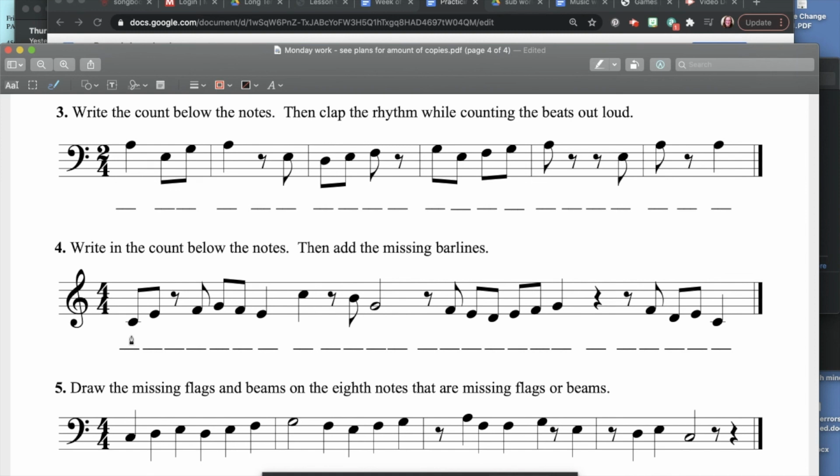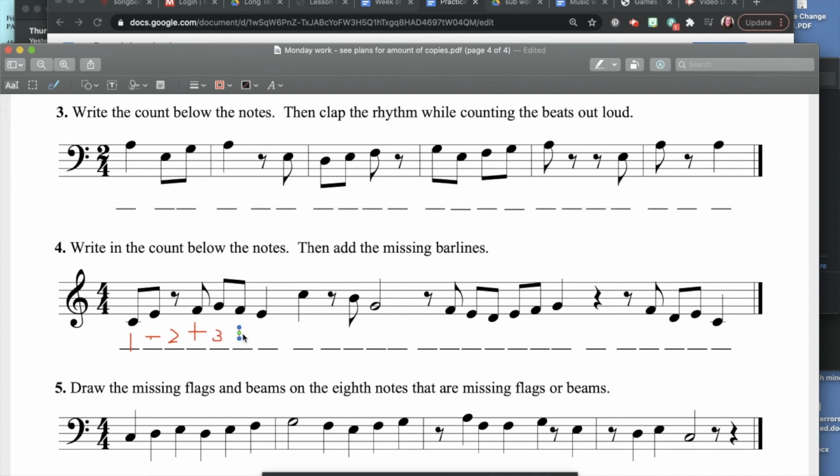For example, this will be 1 and, the rest is going to get 2. This eighth note is going to be and. We have normal eighth notes, 3 and. That was a good 3.